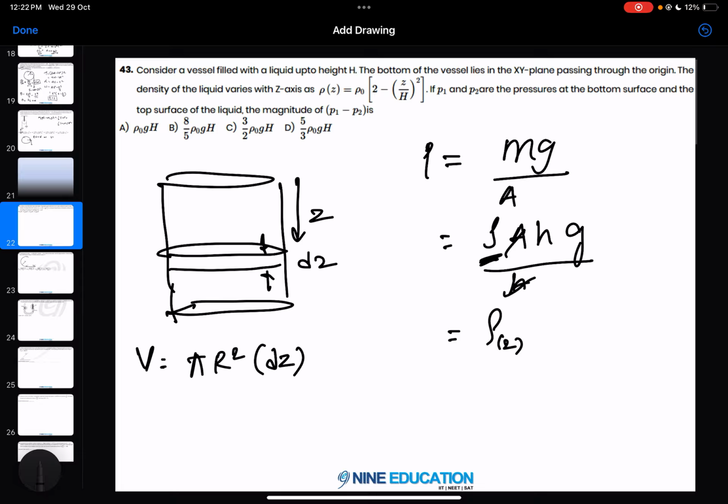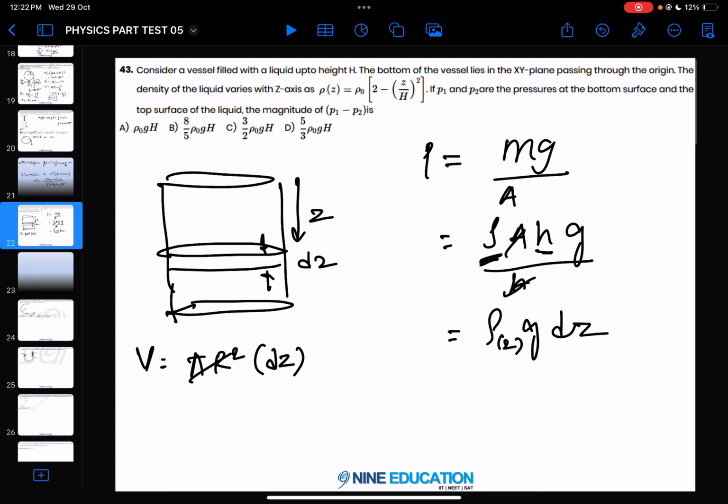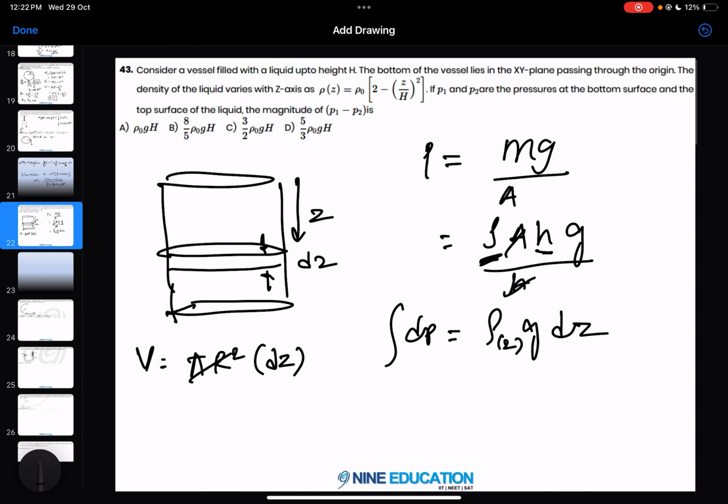So the area term got cancelled here, which leaves us with the small thickness dz and g. So this will be a small pressure dp. The complete pressure at the bottom will be the integral from 0 to z, or rather, 0 to h.